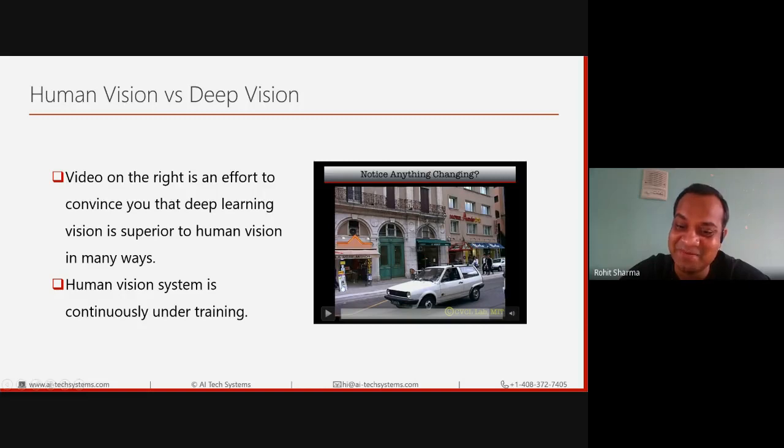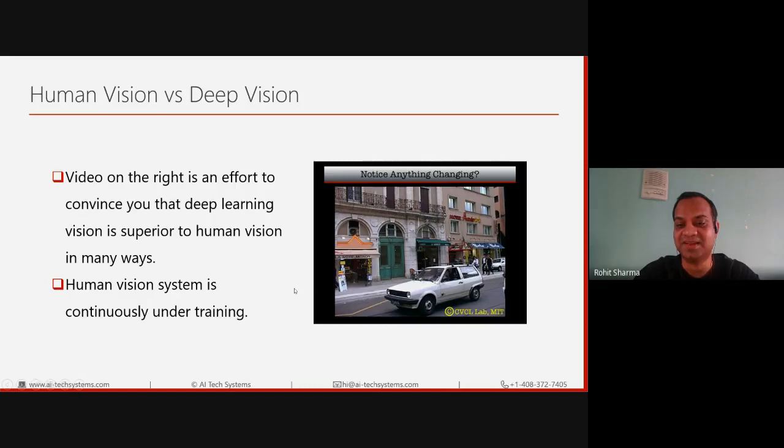The signboard showed up, the chairs disappeared. So there were a number of things that actually changed slowly in front of your eyes without you noticing. That's a trick the human vision system plays: you're not looking for things, and it's not able to identify many things. And that's where deep vision outsmarts the human vision system.